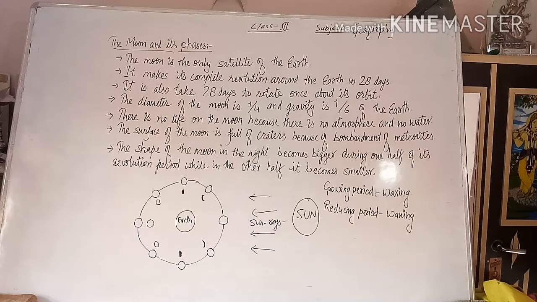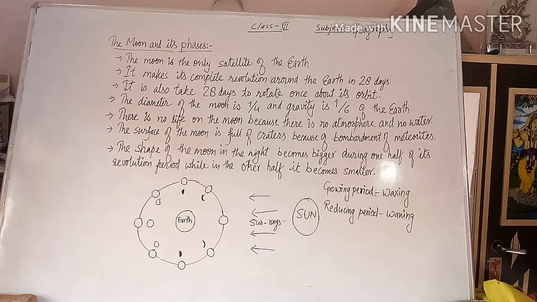It also takes 28 days to rotate once about its orbit, और वह अपने orbit पे rotate होने में भी 28 days ही लेता है. Now what is the effect of that? First one, the revolution around the earth.